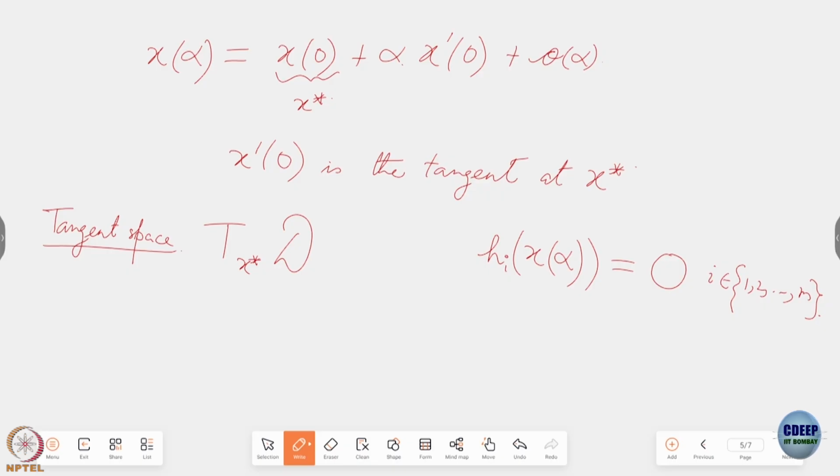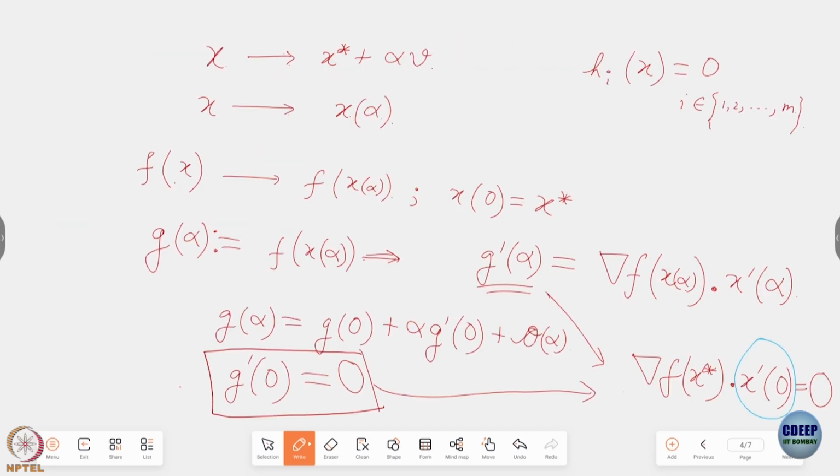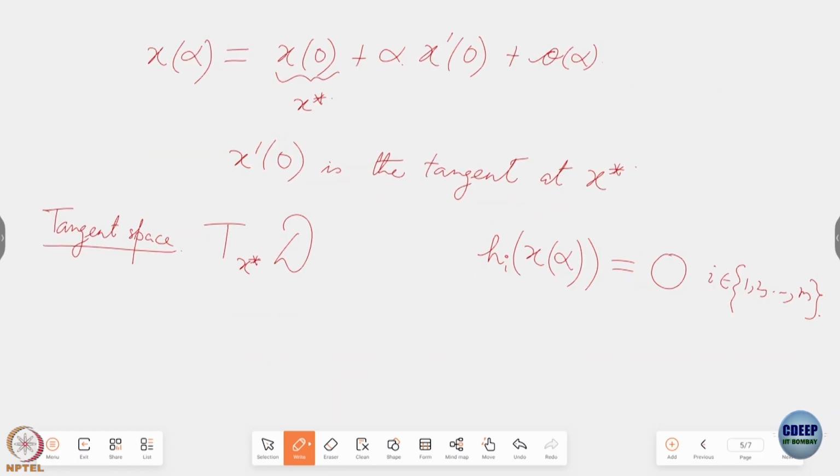Now, if I were to differentiate this with respect to alpha, just like I did for the f that is looked at as a function of alpha through this dummy g that I cooked up, what would turn out as a result?